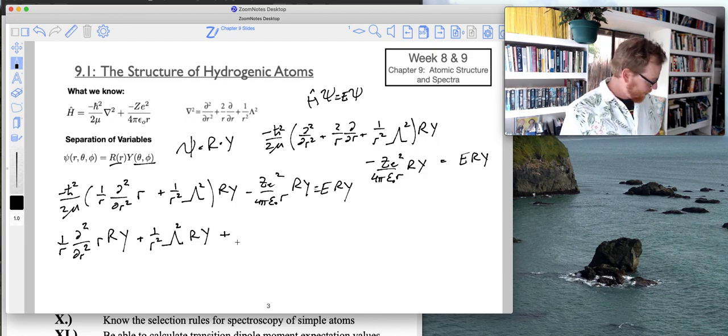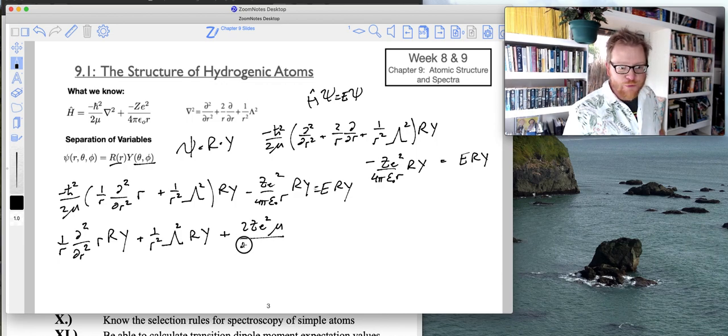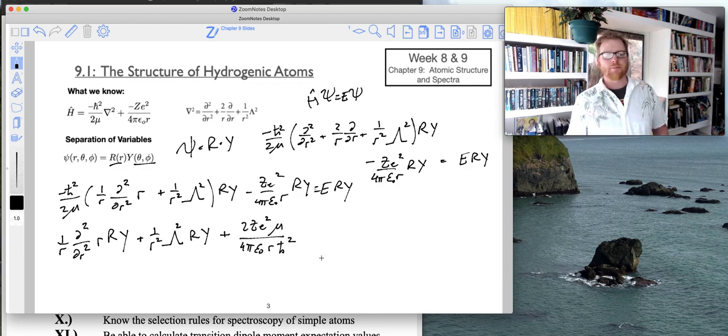So that's going to become plus, and then I've got a 2Ze squared, right, times mu, because I'm distributing through those constants, over 4 pi epsilon r h bar squared.